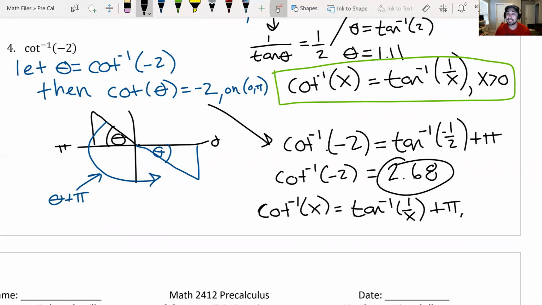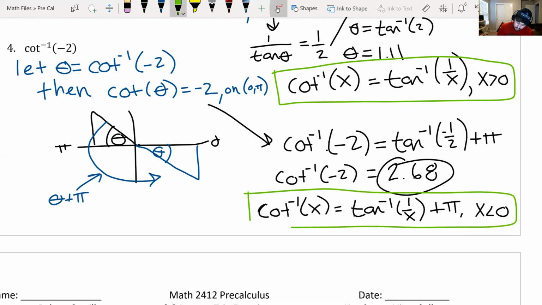But now, this can only happen if x is negative. So, x is less than 0. And there you go.